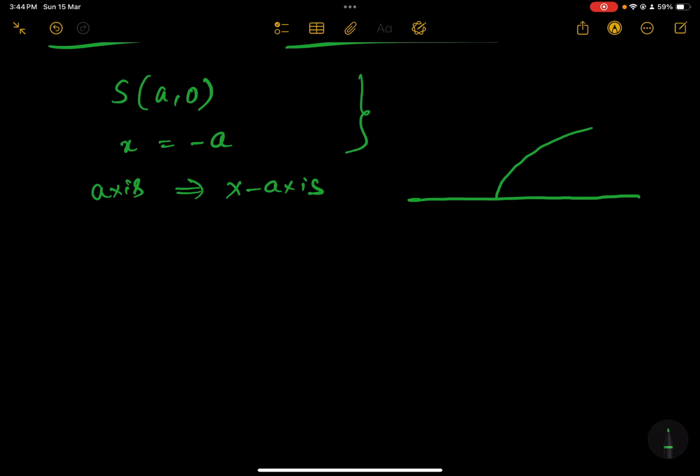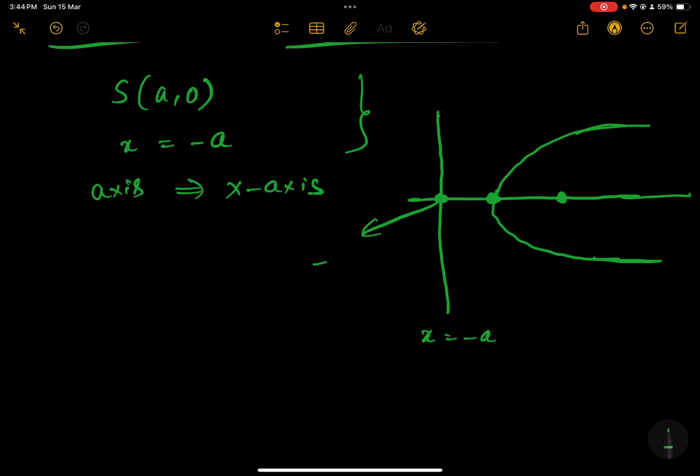The conic will be symmetric about the axis, so it will look something like this. The parabola will be symmetric about the axis. And the directrix is x is equal to minus a, it is given. So this point will be minus a comma 0, and focus is given as a comma 0.